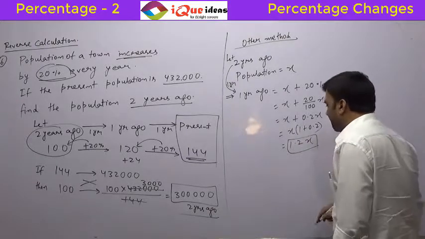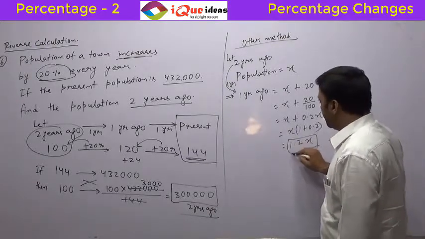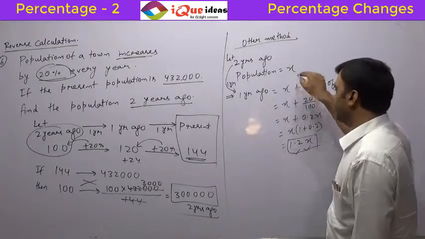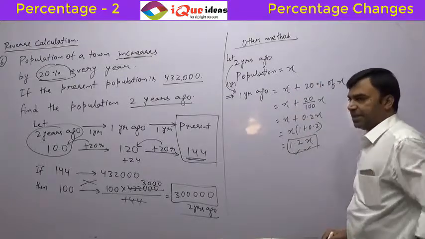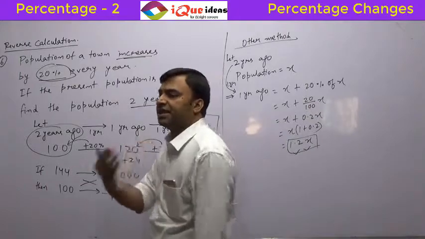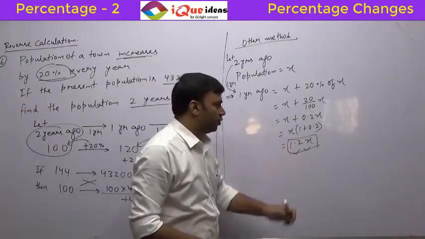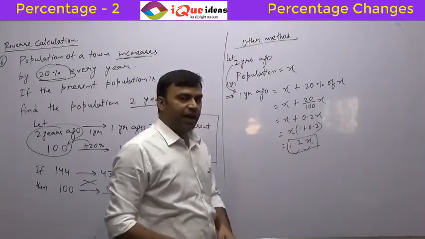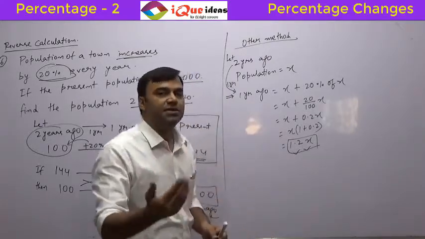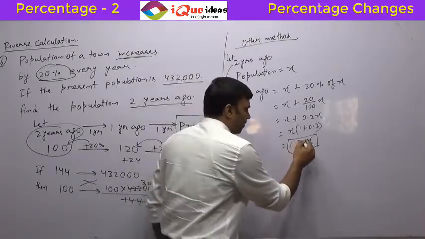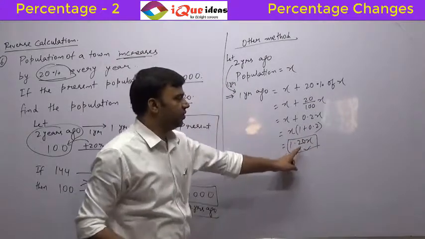Now what I wanted to explain was, you can write this directly without getting into the details of this process. If something increases by 20%, it becomes 1 plus 20 by 100, that is 1.2. Suppose it was 10%, what will happen? It will become 1.10. This is 1.20. To memorize it, use the 2-digit format.